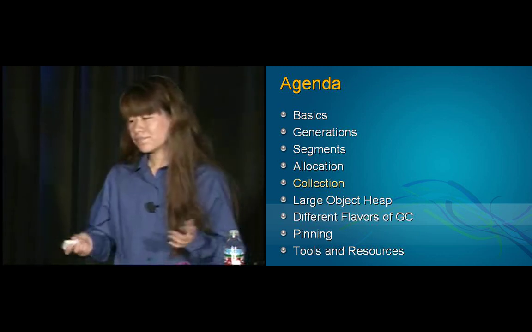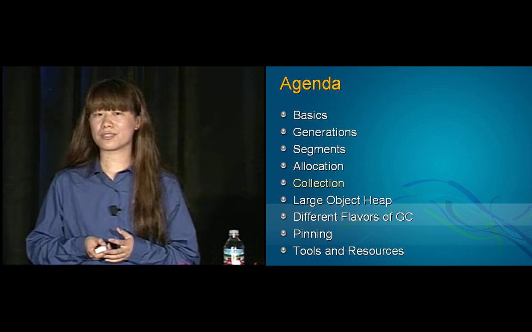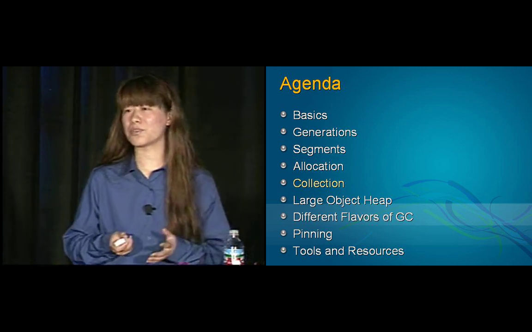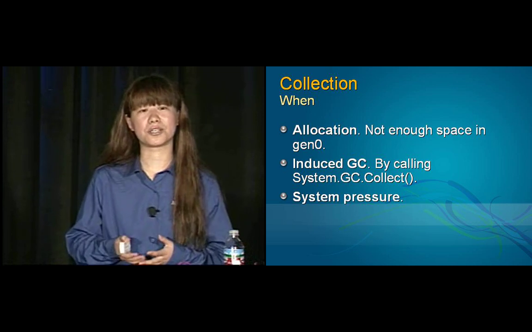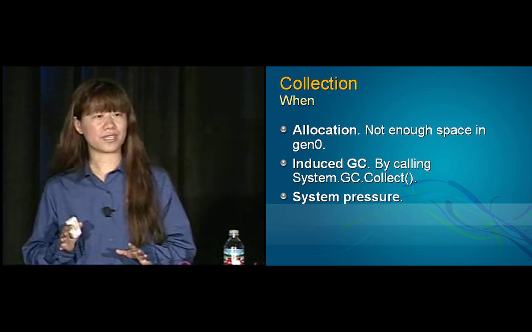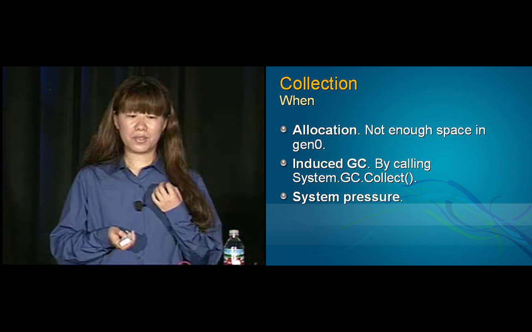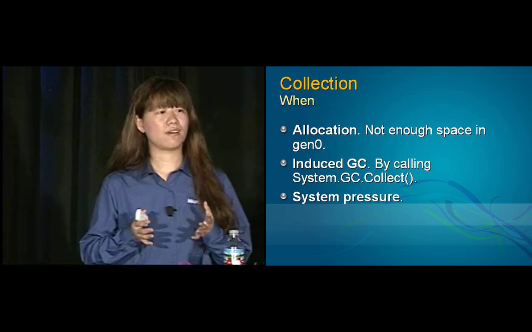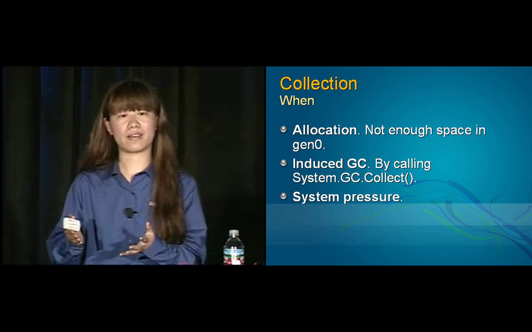Okay, so you allocate and allocate. When exactly does a GC kick in? I've heard a lot of misconceptions from people who think GC only kicks in when the memory on the machine gets low. Actually, GC happens way before the memory gets low. We set a limit for Gen 0. Gen 0 is what you allocate in, right?